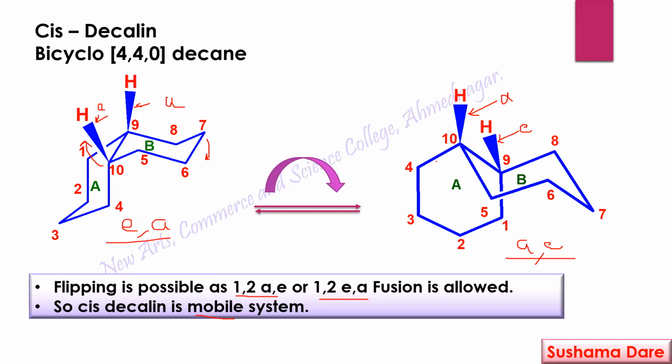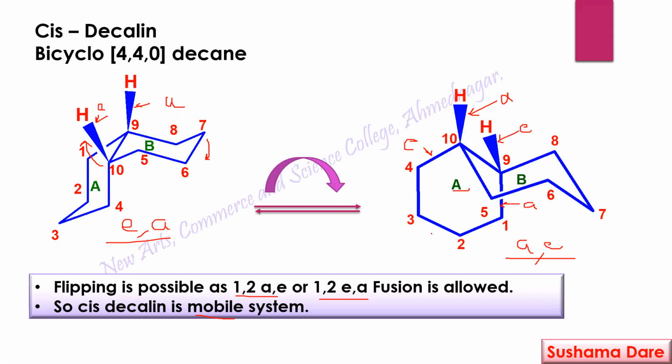So the ring bond remaining at number 9 is an axial bond and at number 10 is an equatorial bond. Therefore this conformer is called an AE conformer, and then you complete the ring, that is ring A. So the cis-decalin system is a mobile system. EA changes to AE, or in other words, 1,2-AE or 1,2-EA fusion is allowed.